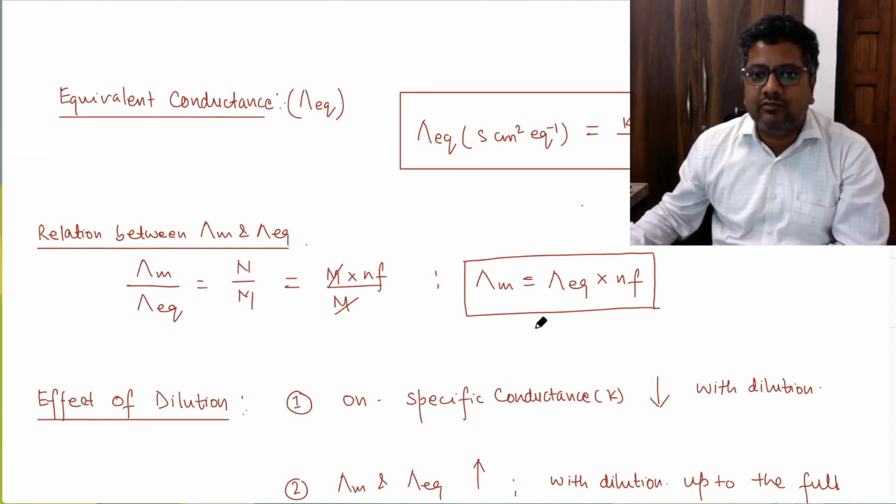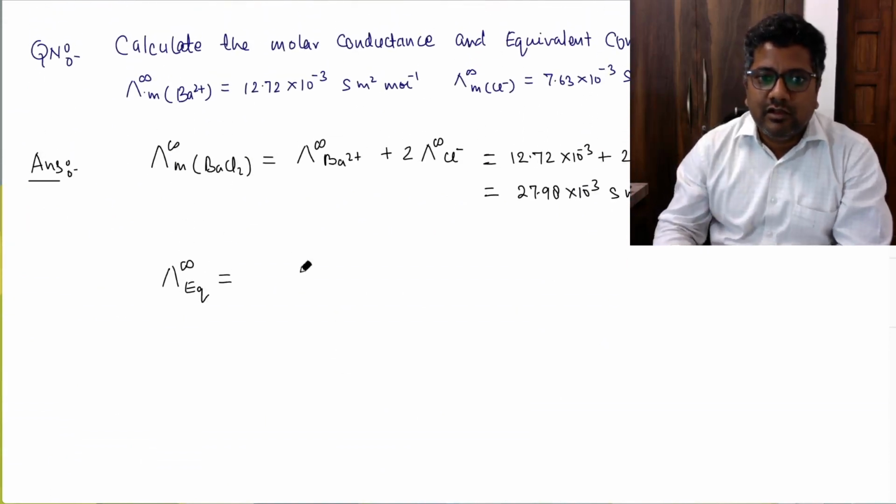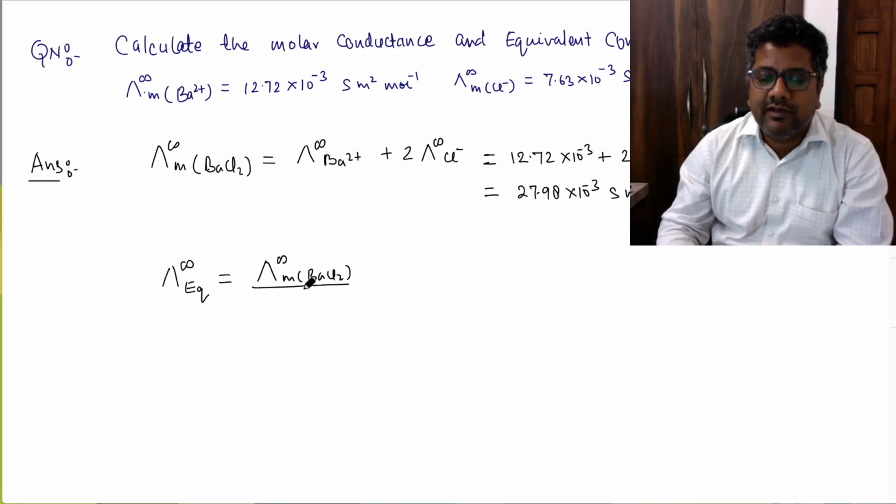So equivalent is equal to molar by n factor. So here you can write molar of BaCl2 by n factor of BaCl2.